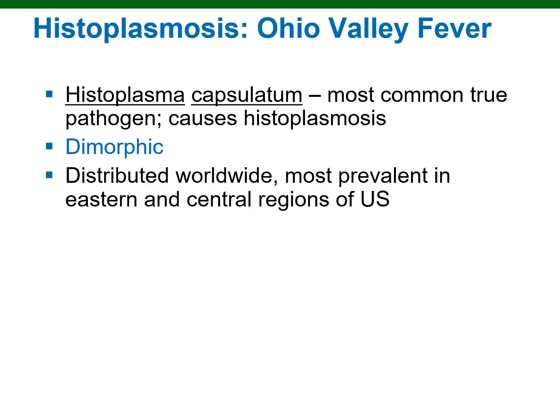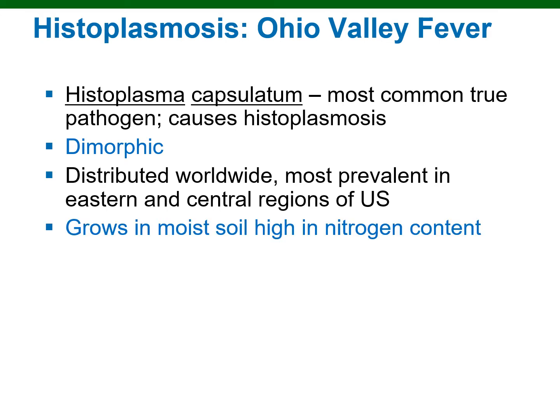And we see this infection distributed in, not here in California, but in the eastern and central regions of the United States, and then in other countries in the world. And I'll show a map in a couple slides that'll give you the distribution.